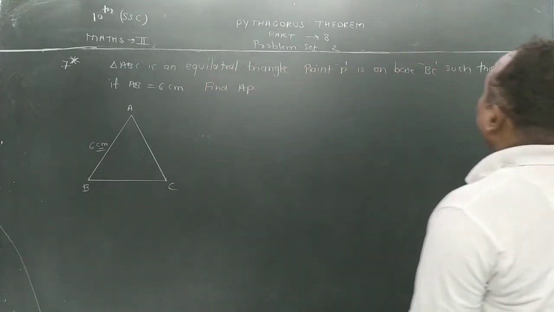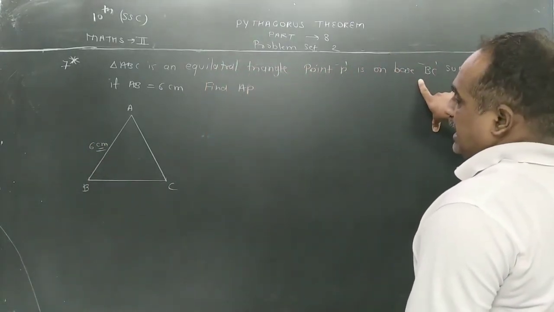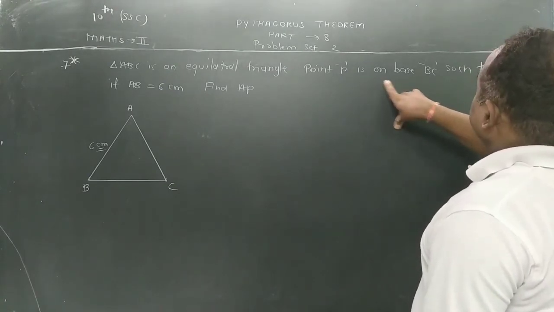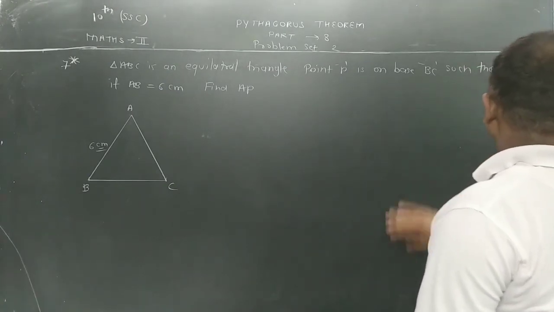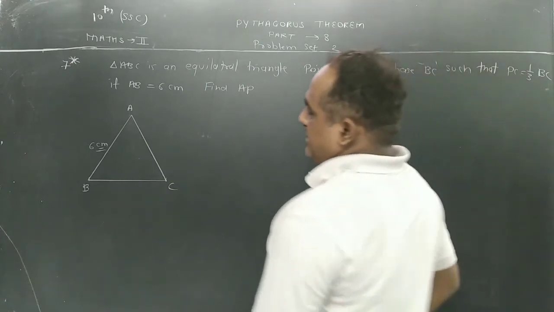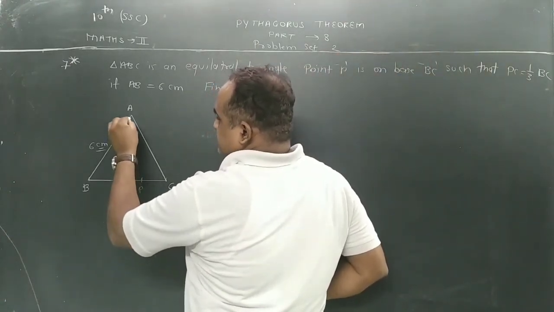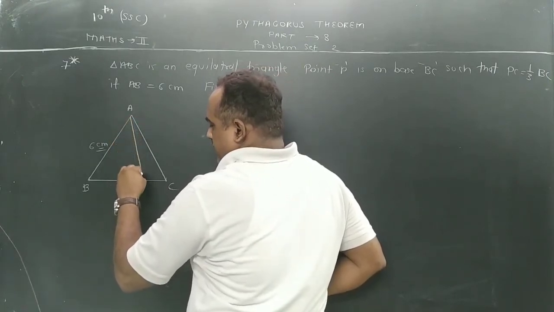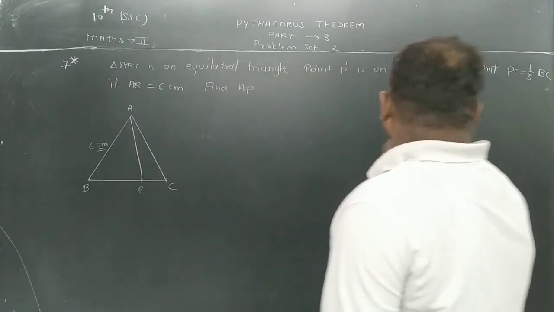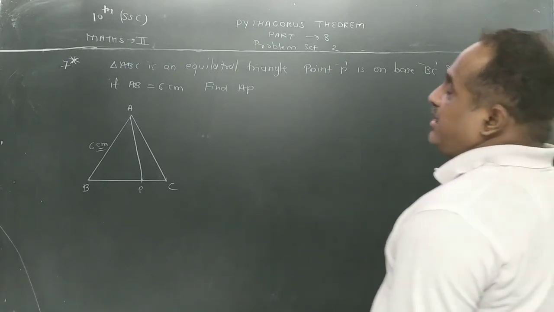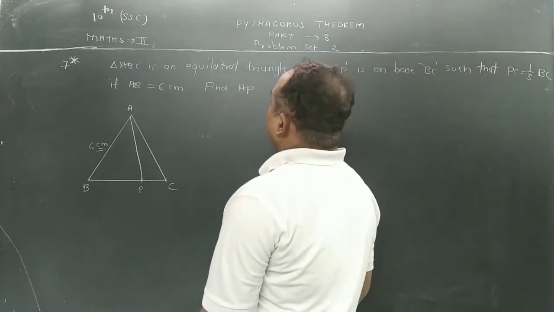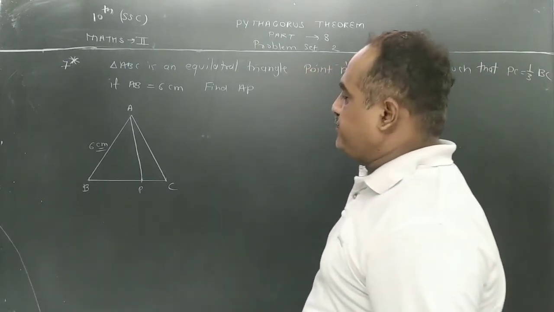And what I asked you is that P is on side BC, P will be over here, such that PC is 1/3 of BC. If AB is equal to 6 centimeter, find AP.